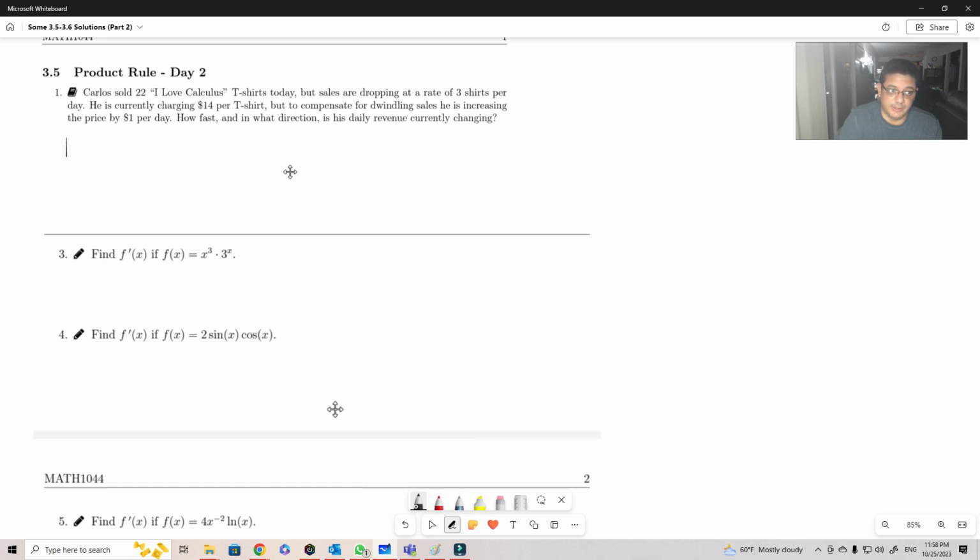So what is the revenue? The revenue is the price times the quantity. And both are functions that depend on time, right? So I can say R is also a function of time. And this is price times quantity.